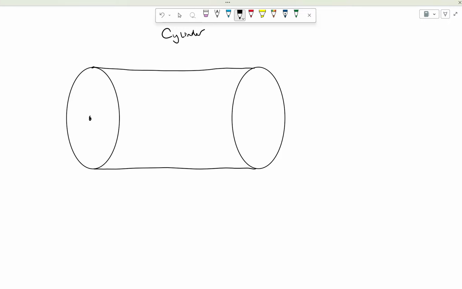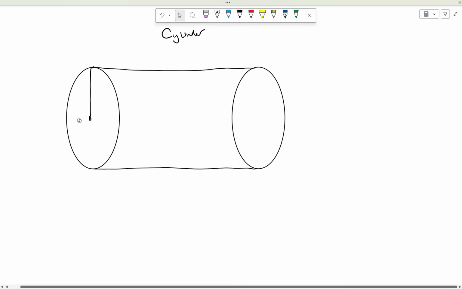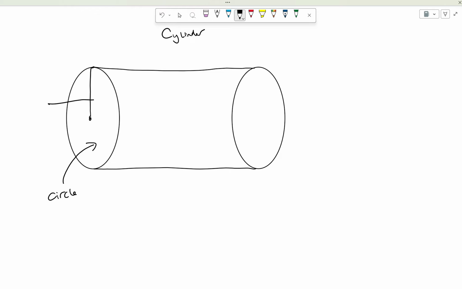And then here is my little radius. Let's take the auto shape off so it doesn't start correcting my handwriting. It's embarrassing, my handwriting is so brutal that it corrects it. Okay, so this is a circle. This length right here is going to be 5 meters.